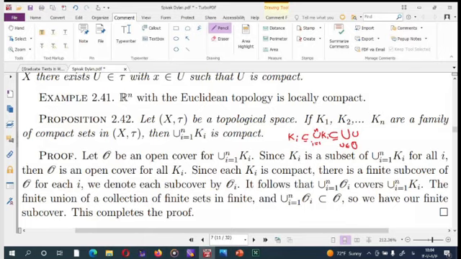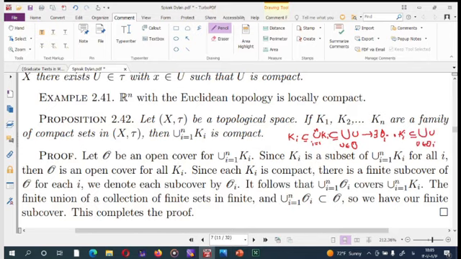Okay, but Ki is compact. Since each Ki is compact, there is a finite subcover of this for Ki. We denote each subcover by Oi, so that there exists a finite subcover such that Ki is a subset of the union of U belonging to Oi.